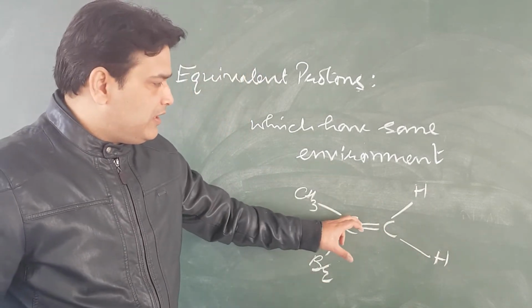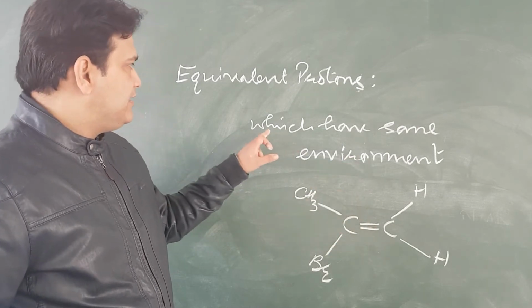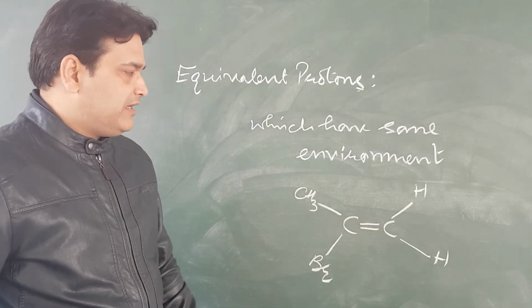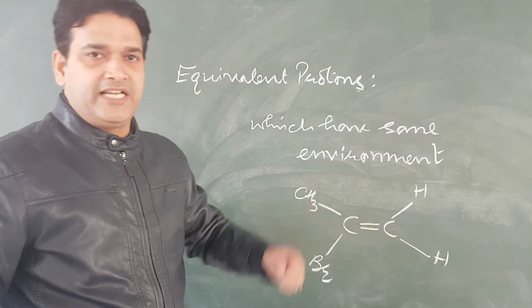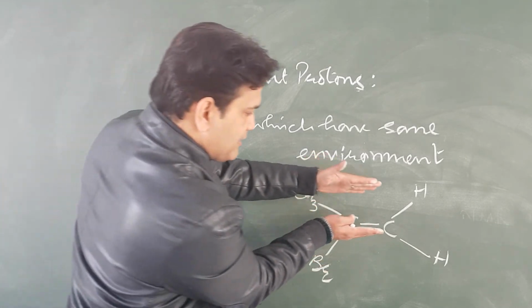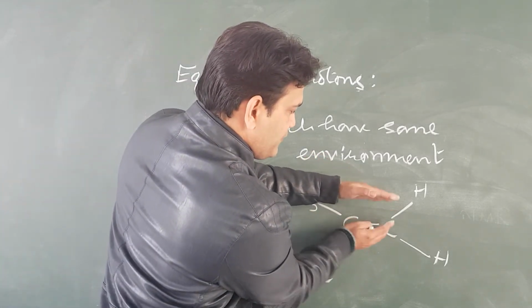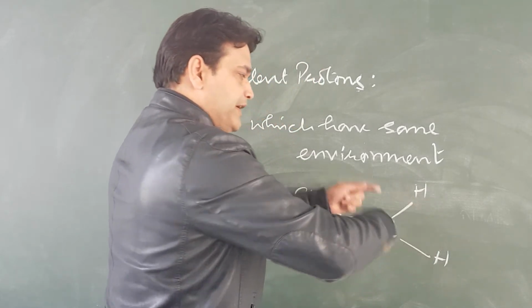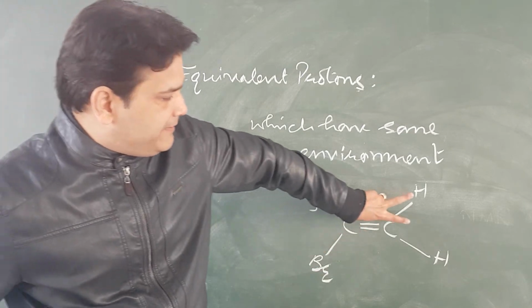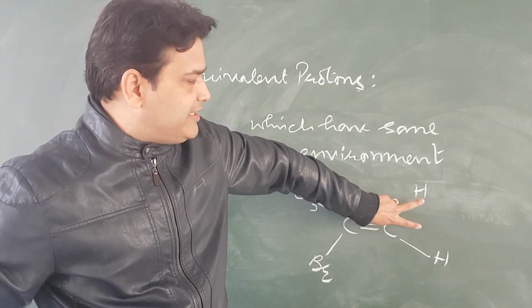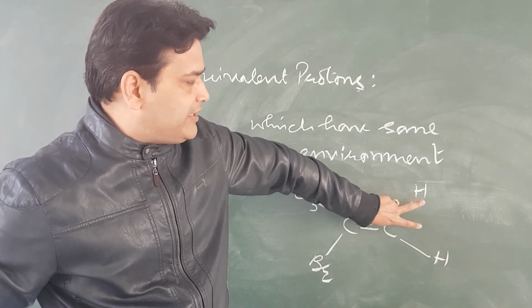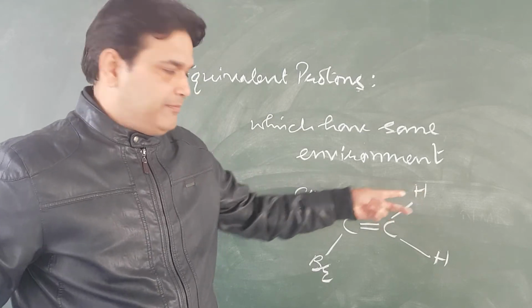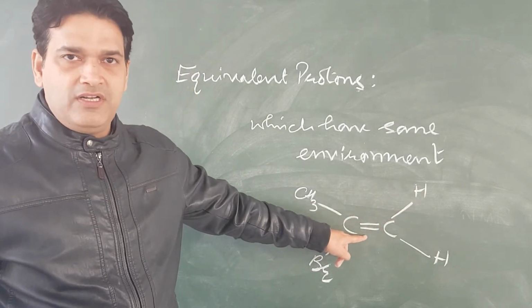Now, while calculating the equivalent protons, this system becomes very significant because due to the presence of the double bond, the rotation of this CH2 group is not possible. If this CH2 group is like this, then it will not get rotated to this position because of this double bond.